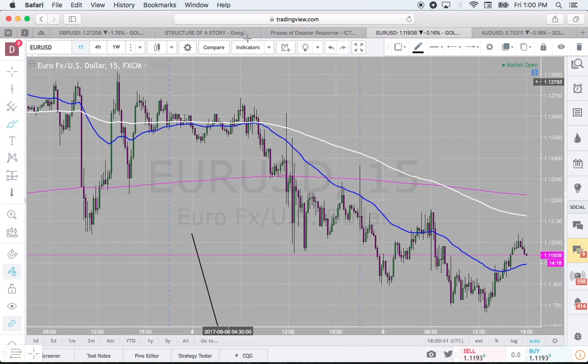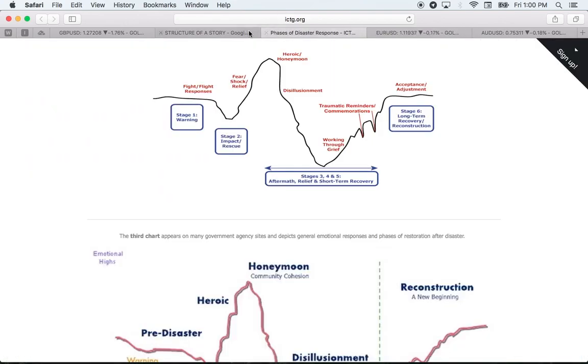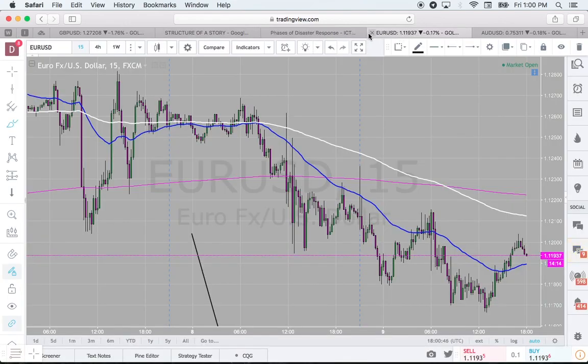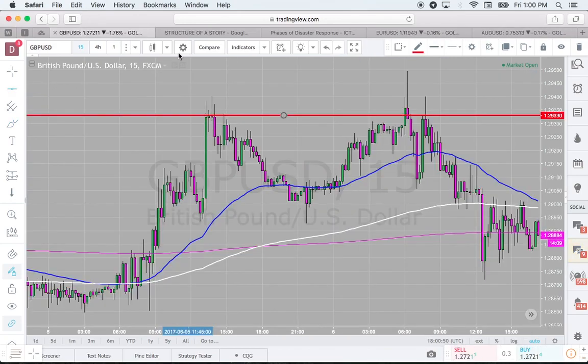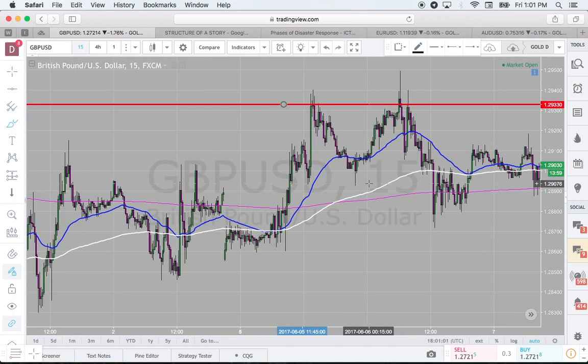This structure, these stop hunts, really show you what's happening. The dealer works off of the highs and the lows.